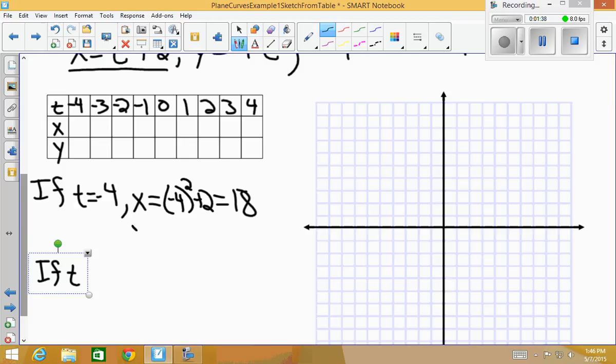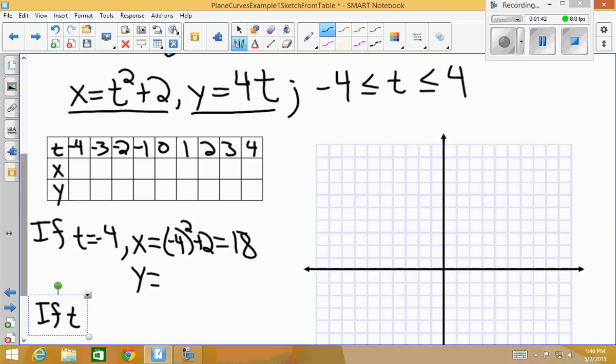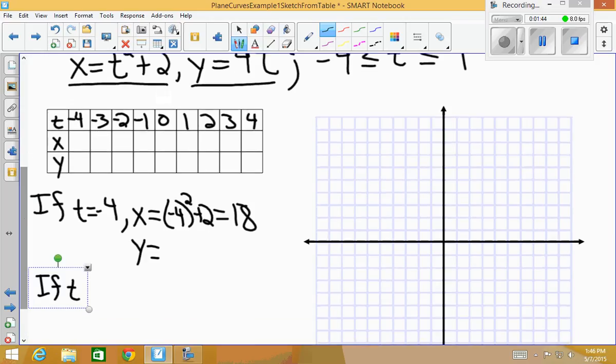So if t is -4, y, we are told, is equal to 4 times t. So y would be 4 times -4, which is -16. Now, we can put those into our table. So if t is -4, x is 18, and y is -16.